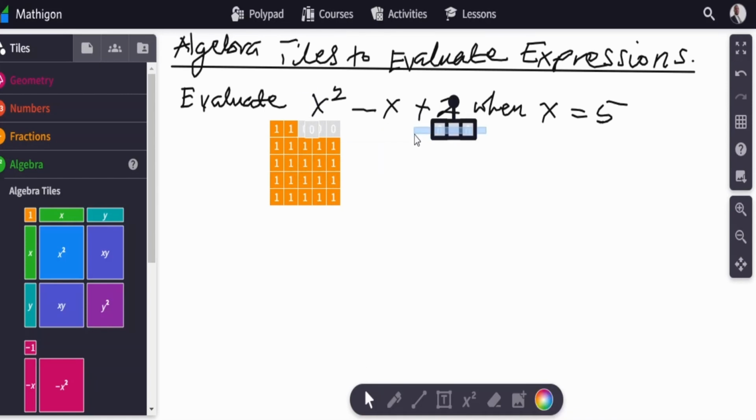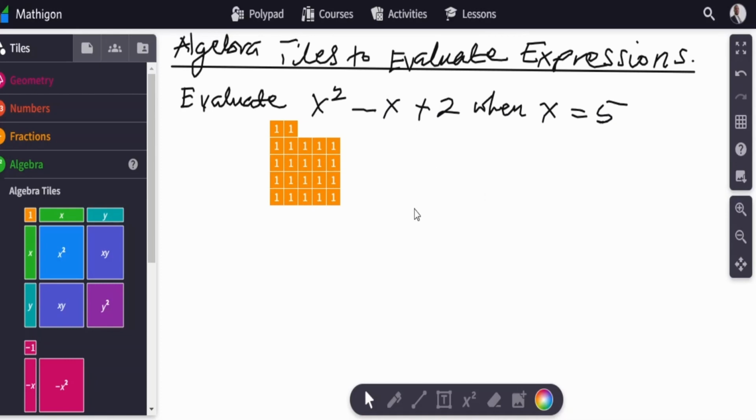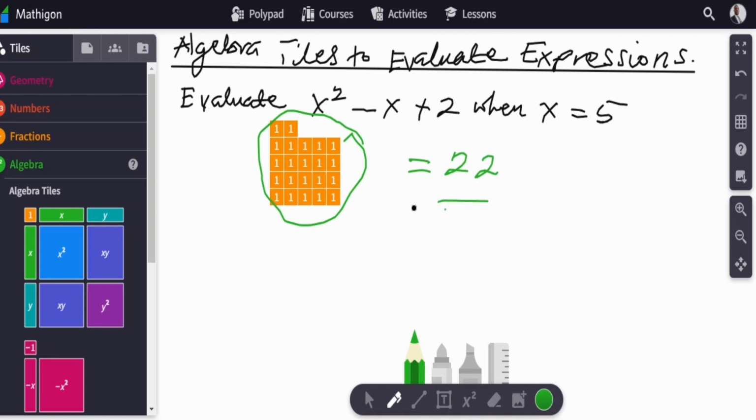Alright, so these 5 tiles cancel out. I will have 22 tiles left. So that means this expression equals 22 when x equals 5.